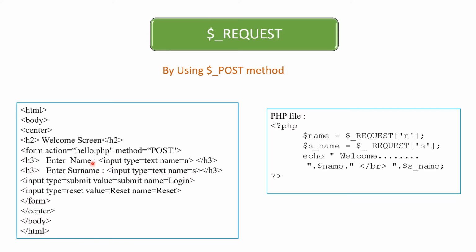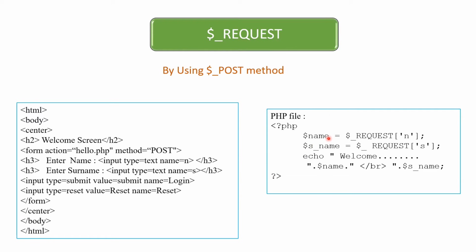Here we take two input fields, two text fields having the names n and s, for the name and the surname of the user. Then we take one submit button and the reset button. The reset button is for clearing the data of the text fields, and after clicking on the submit button, it will redirect to the PHP file.